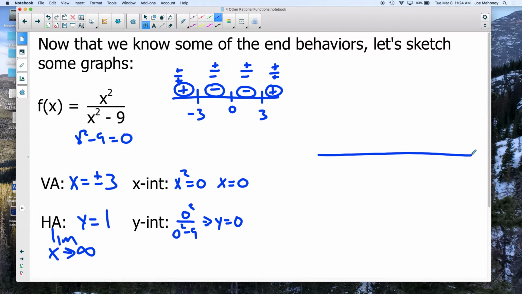Let's take a look at what this graph looks like. So I'm going to have some asymptotes at negative 3 and positive 3. I'm going to have a horizontal asymptote at y equals 1.